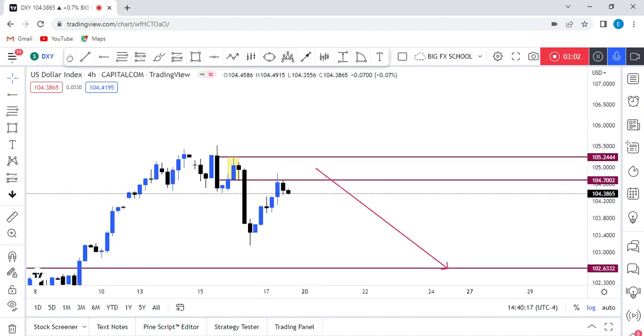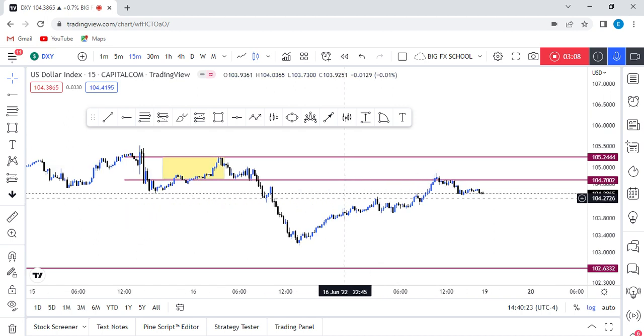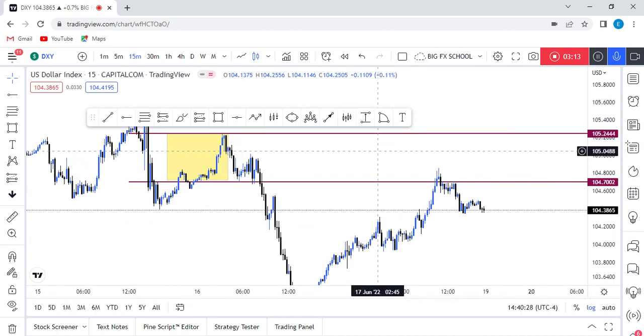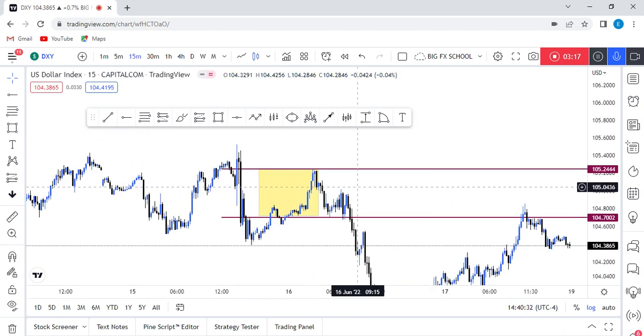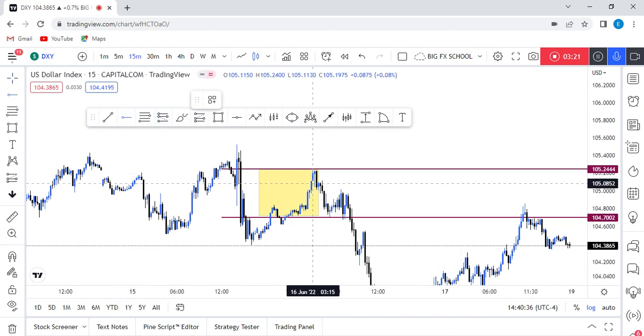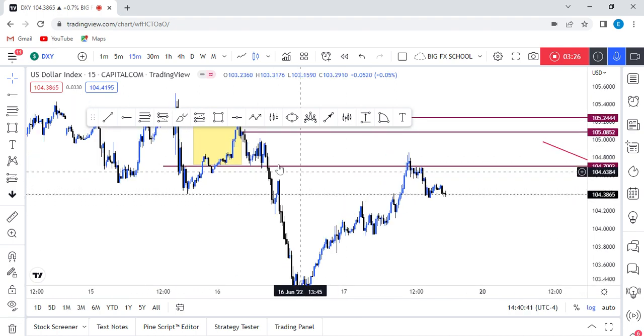Okay, let me come into small time frame so that I can see what is happening. I see this structure here. Yes, that is structure.